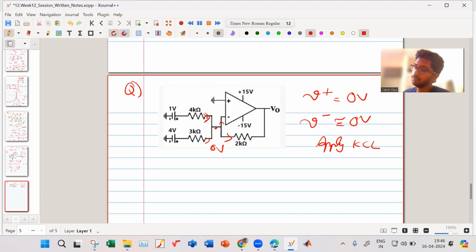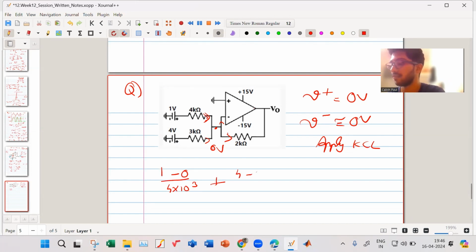What will be the expression for that current flowing? (1 minus 0) divided by 4 kilo, plus (4 minus 0) divided by 3 into 10 to the power 3, equals (0 minus V naught) by 2 kilo.